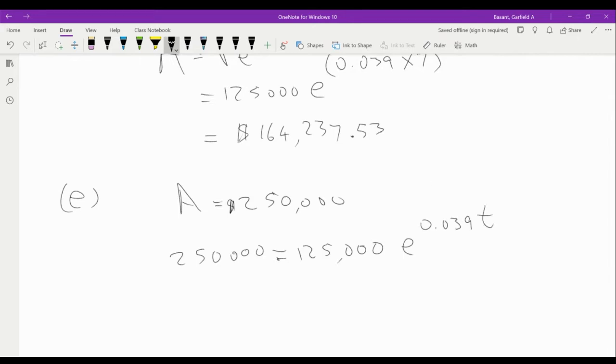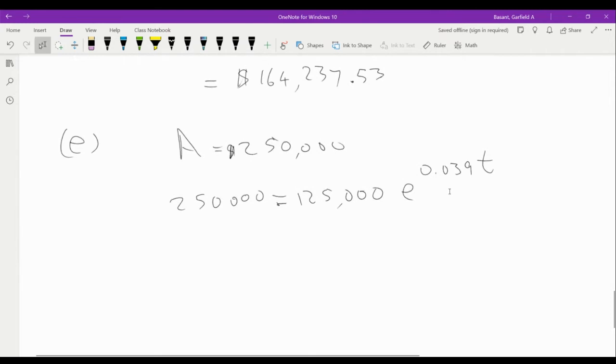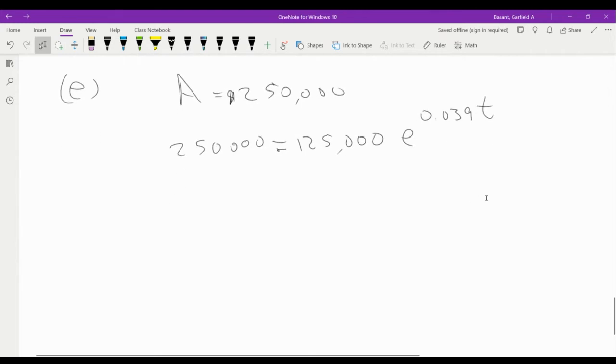T we don't know at this stage because that's what we're trying to find. How long does it take to double it? So it's just a matter of solving this equation. And I think your textbook gets ahead of itself with this problem. This is more like the second half of 2.1. So let's kind of run through this. We'll come back to it.